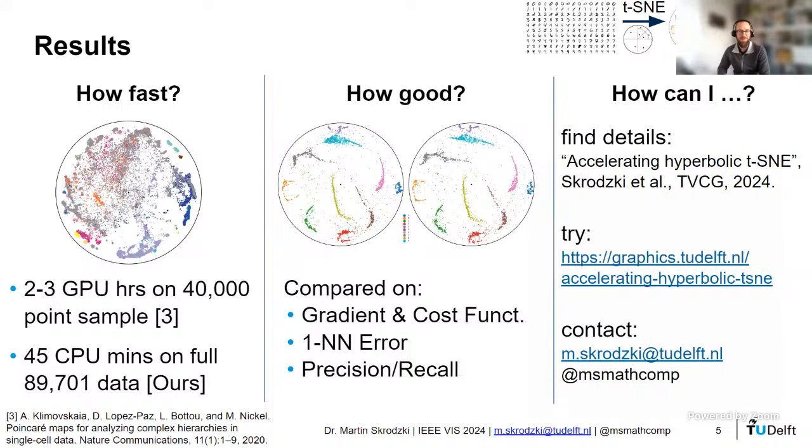Okay, there's one question on the side though. Sure. We may want to answer this briefly because we are short on time. So can this acceleration in hyperbolic space be extended to other types of complex DR methods? Very good question.